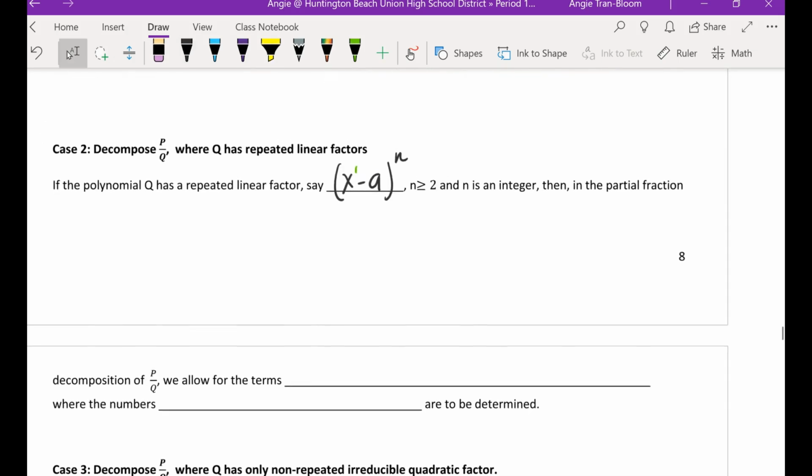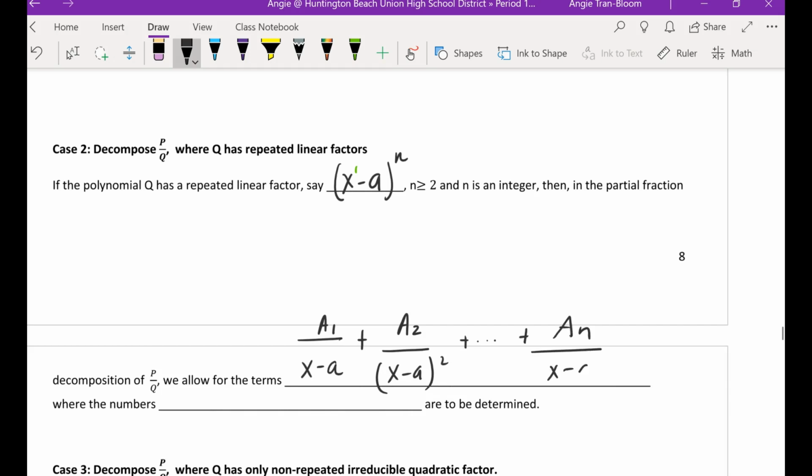Okay, decomposition of P divided by Q. We allow for the terms. Are you ready? Here's the formula. A subscript 1 divided by x minus a, plus A subscript 2 divided by x minus a squared, and then it keeps on going, then A subscript n divided by x minus a to the nth power.